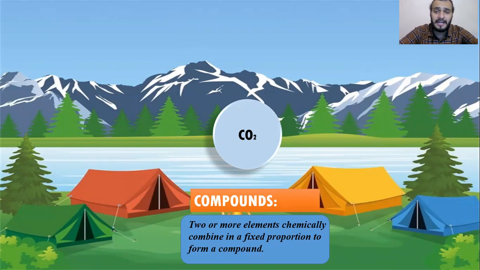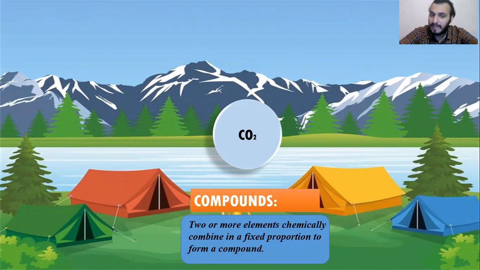That means in carbon dioxide, there is always one atom of carbon and two atoms of oxygen combined. One carbon and two oxygen chemically combined to form a compound, that is carbon dioxide. Similarly, in any compound, the proportion of the respective elements is always fixed. So what are compounds? When two or more elements chemically combine in a fixed proportion, they form a compound.